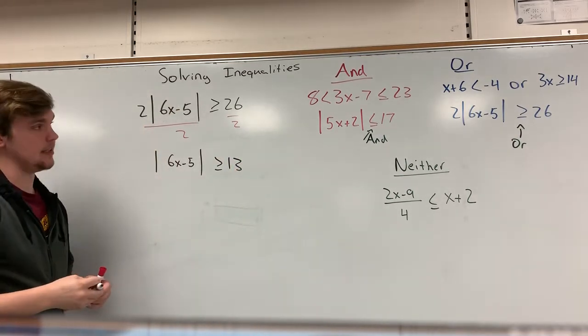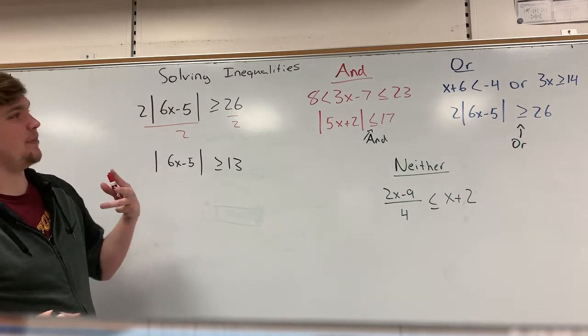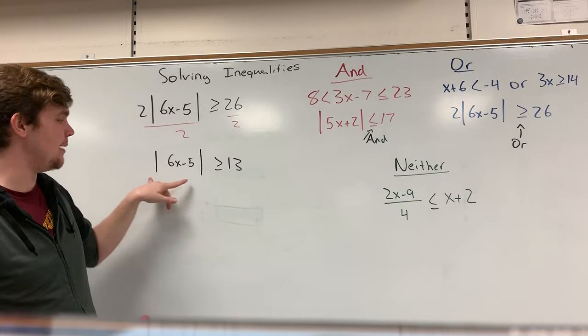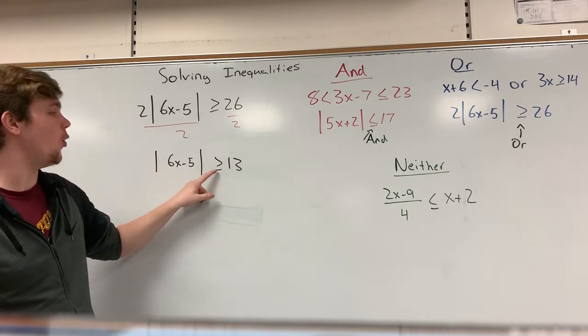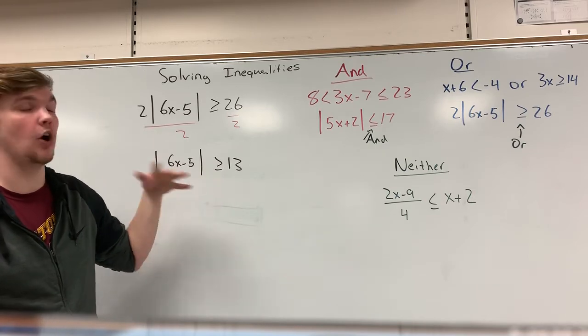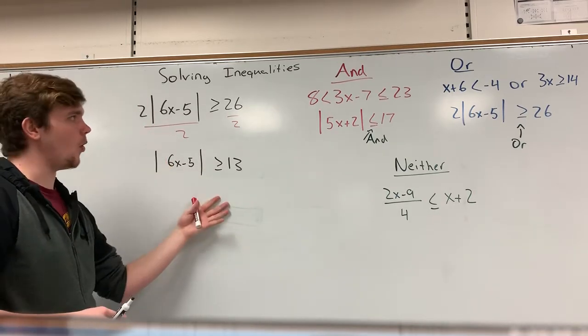Now I'm good to start and identify: is this going to be an AND or an OR inequality? Because this is absolute value greater than, that greater than sign means this is going to be an OR inequality.